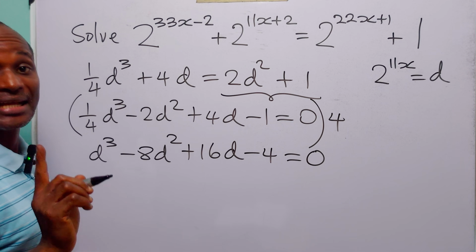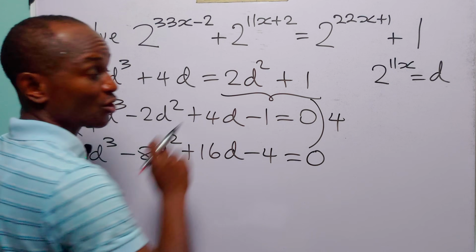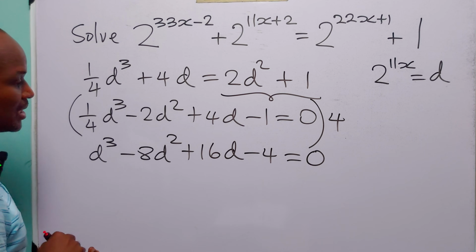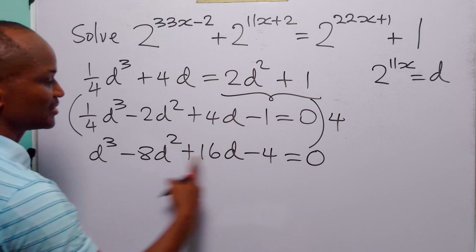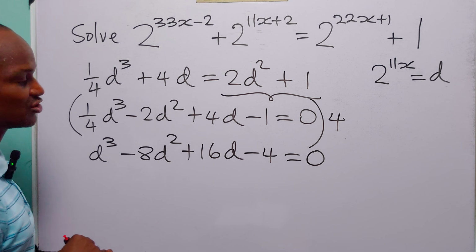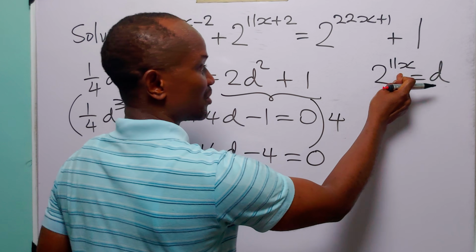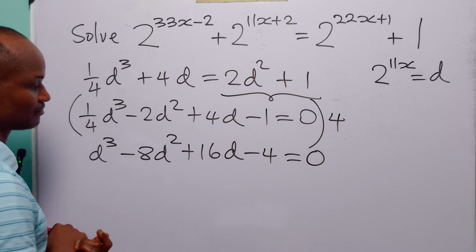Now remember that the question is to find the sum of the roots of this exponential equation. To do that, we do not need to find the exact roots of this cubic equation. One thing you have to notice is that d must be positive.